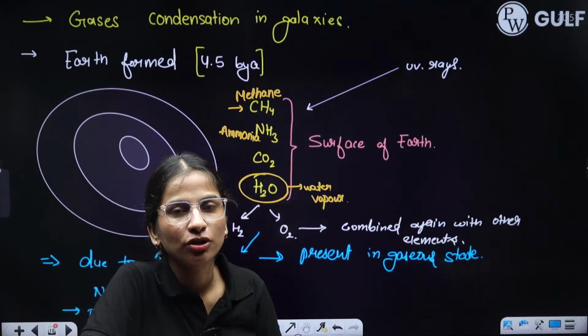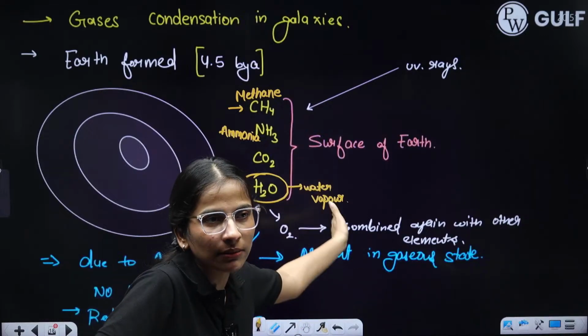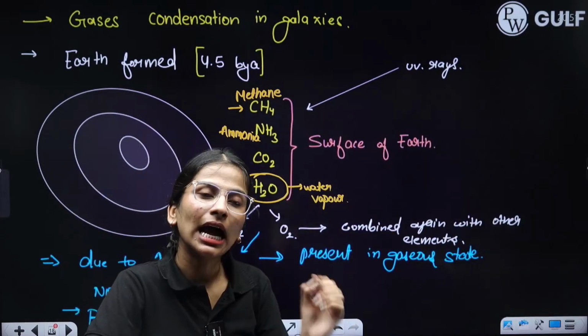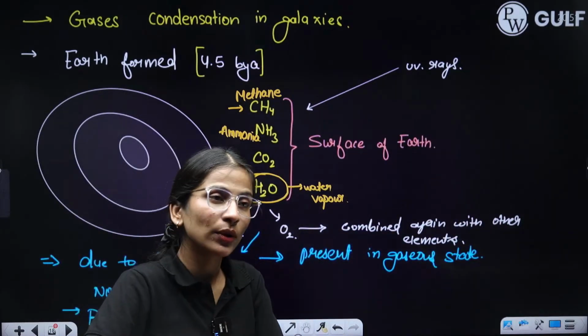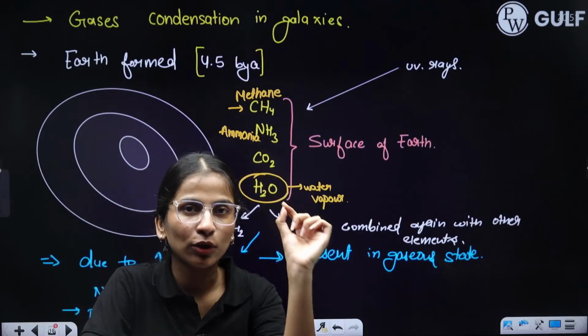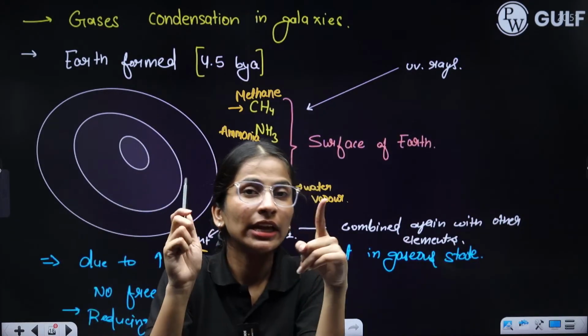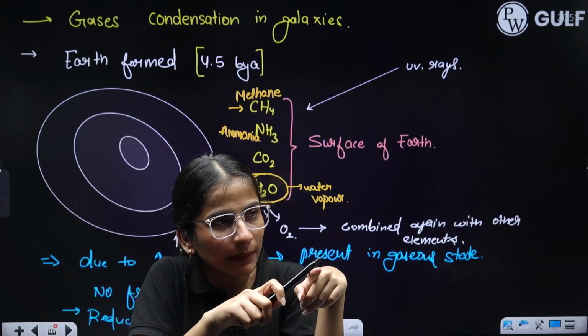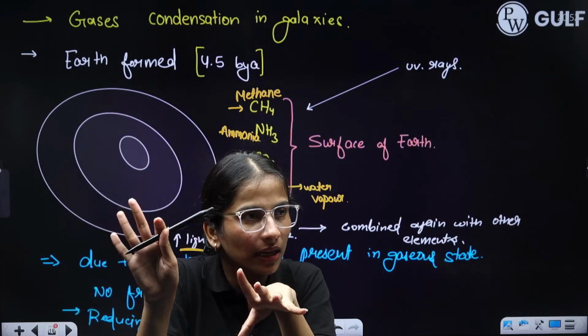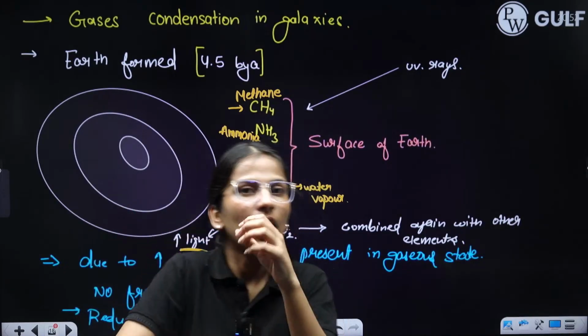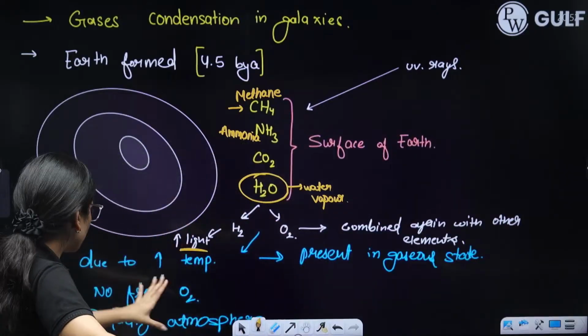So no free oxygen is available. It is quickly combining with some other element and forming something else. That is termed a reducing atmosphere. So in the beginning on our Earth, the atmosphere was reducing. Reducing means free oxygen is not able to survive. It will quickly combine with some other element. Hydrogen and everything is there. Okay. Temperature was very high, about 800 degrees Celsius.